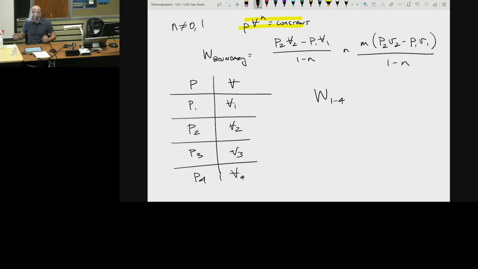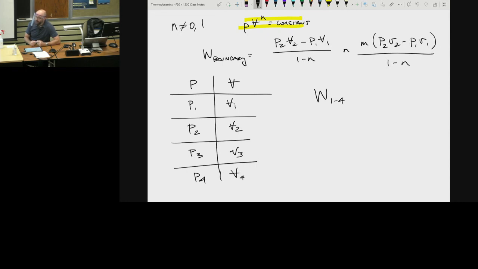Now, I haven't told you if it's polytropic or if it's constant pressure, but if you look at the pressures and P1, P2, P3, and P4 are the same, it's a constant pressure process. If they're different, there's going to be something polytropic.